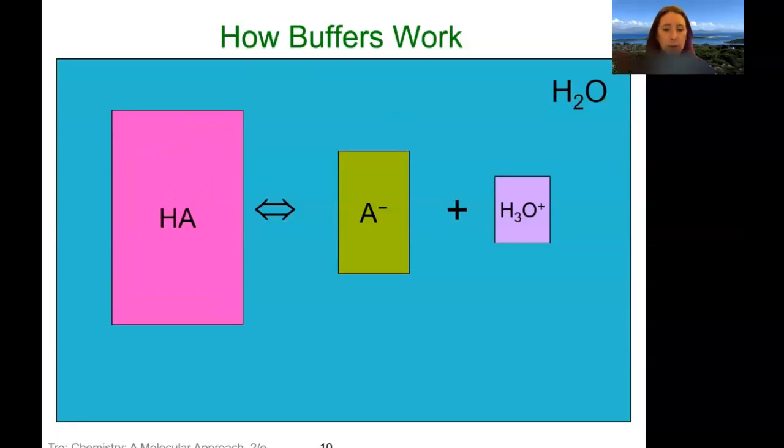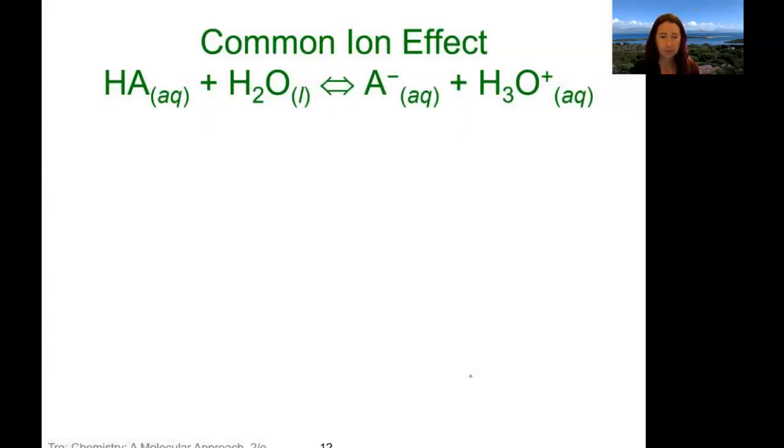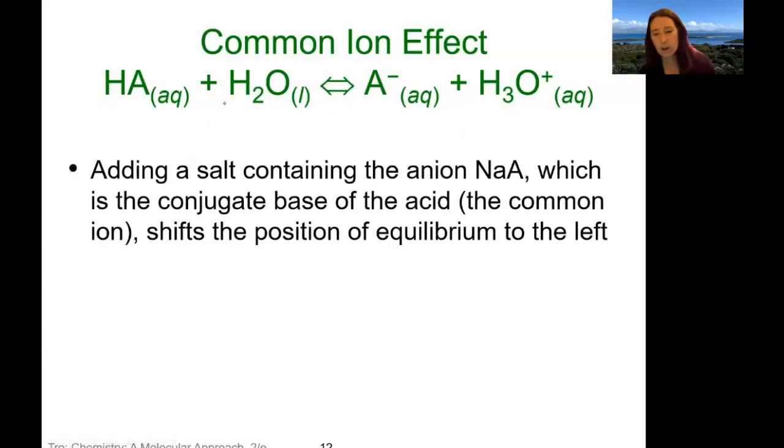Okay, so how do we use this? So there's this thing called a common ion effect. It's basically just Le Chatelier's principle again. So if you add a salt containing the anion, whatever the anion is, we ignore the cation of that one, which is the conjugate base of the acid.